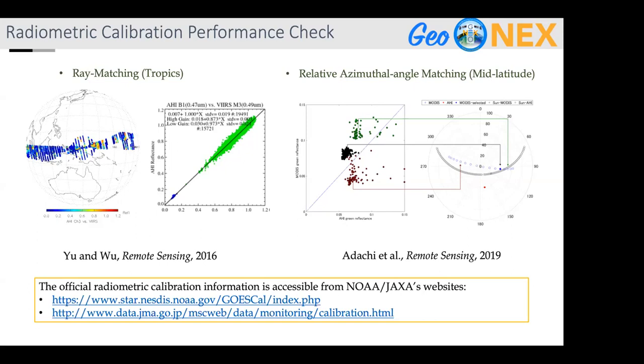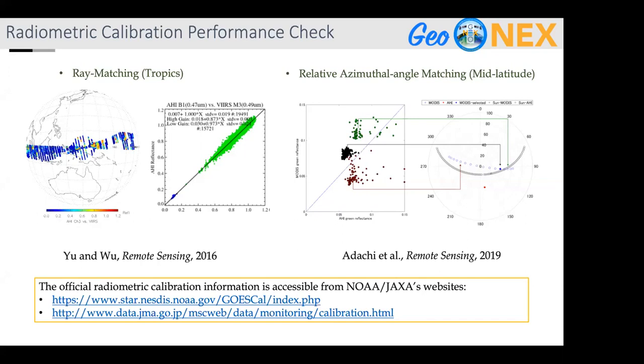So here, the question is, how do we compare the radiance or the BRF you measured from geostationary with MODIS, right? The problem is that they have different sun, target, satellite geometry, so comparing them is not very straightforward.